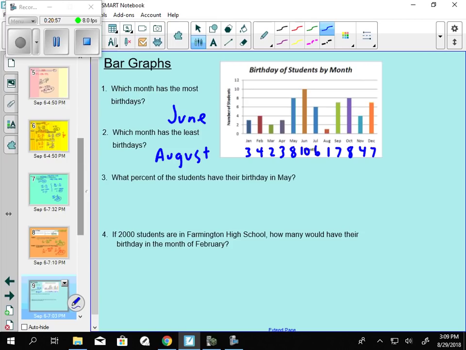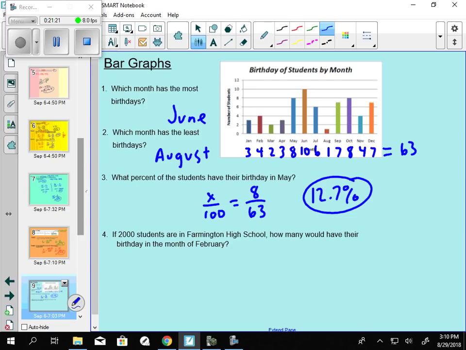Adding all those up totals 63 students. So now we can figure this out. What percent, what out of 100? May is 8, so 8 out of the total of 63. Do a little math there, and you get about 12.7%.